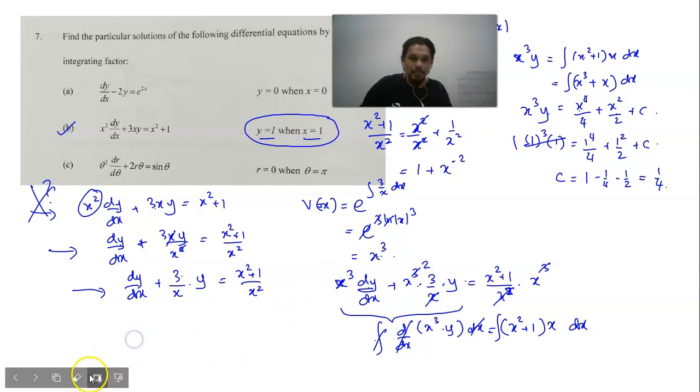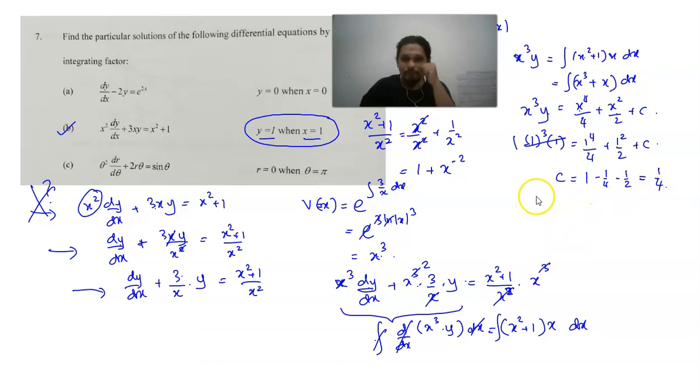So now when c is 1 over 4, refer back to this one here: x cubed y equals x to the power of 4 over 4 plus x squared over 2 plus 1 over 4.